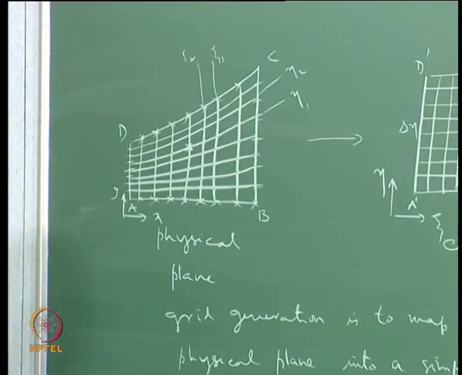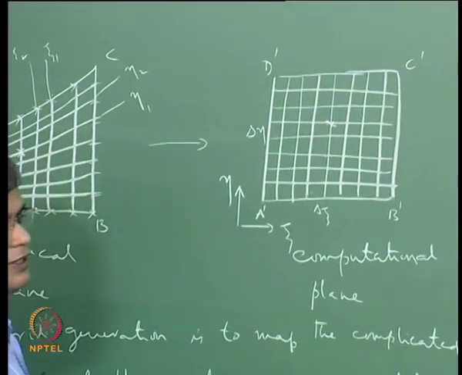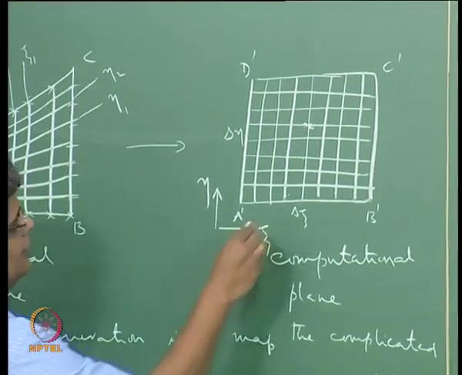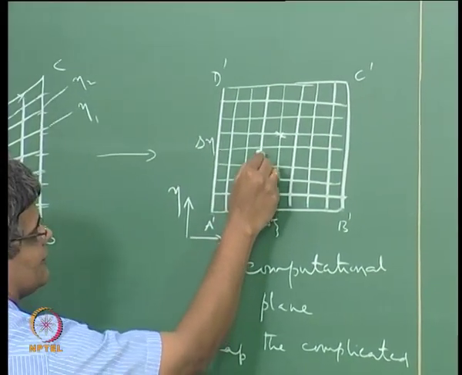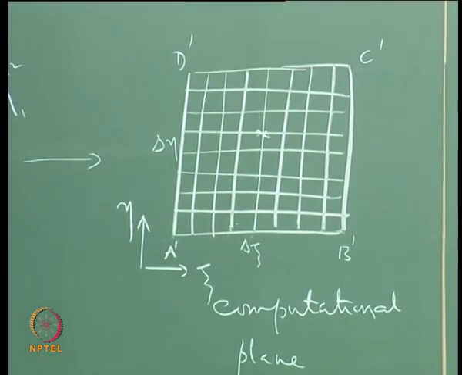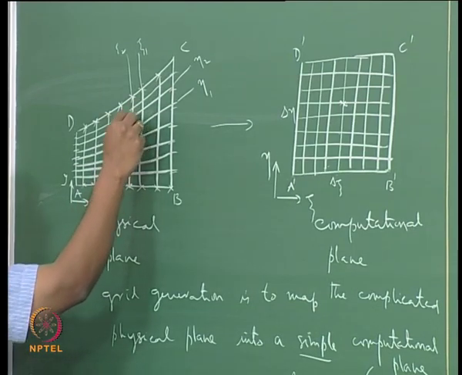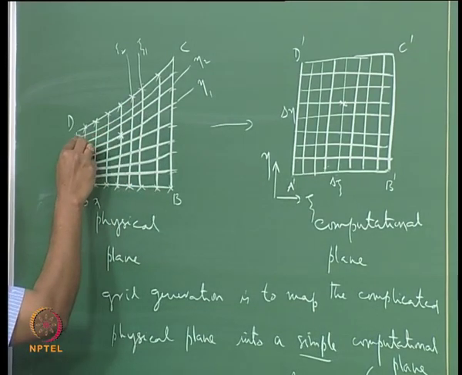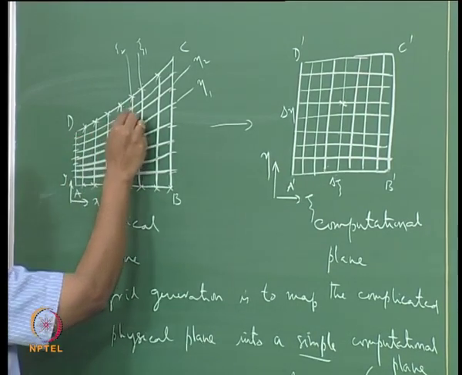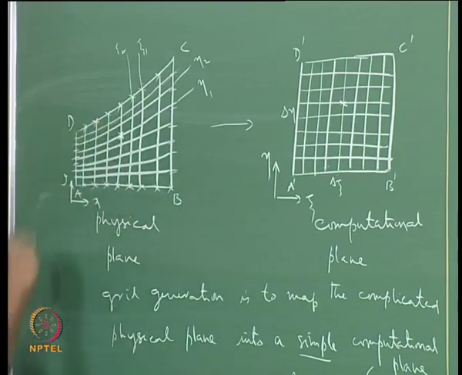Now, the location of these interior points in the computational domain is very straightforward to evaluate, because we have them as horizontal and vertical lines, and here it is not so easy. It is not straightforward to evaluate how this particular thing varies as a function of x and y.